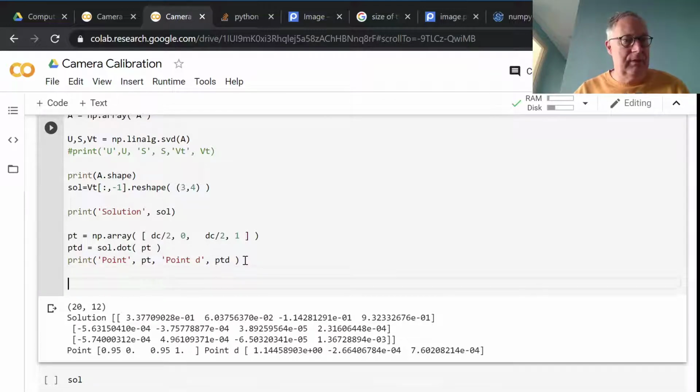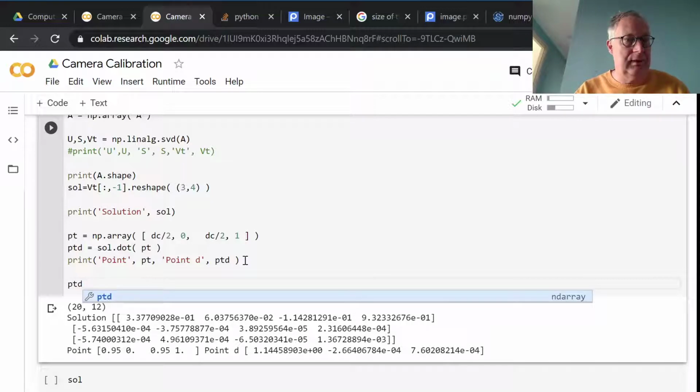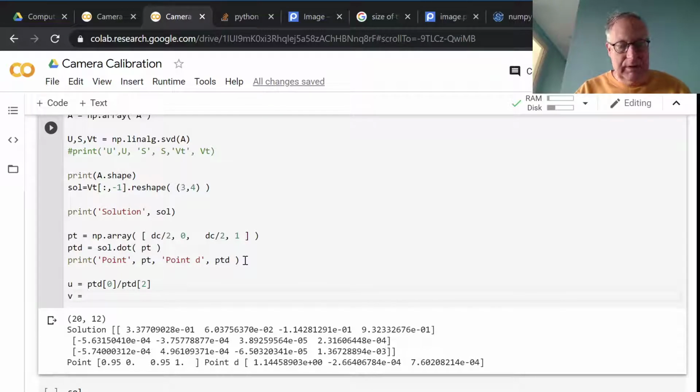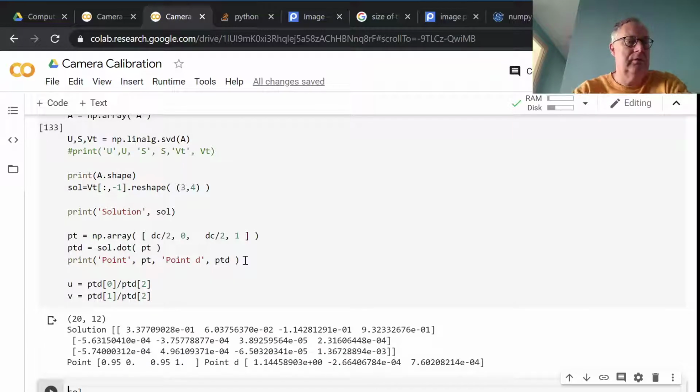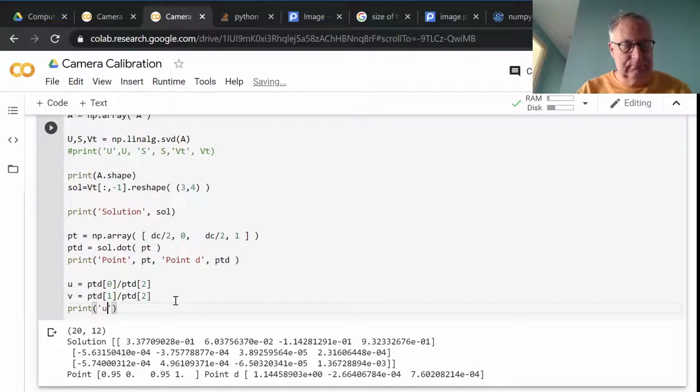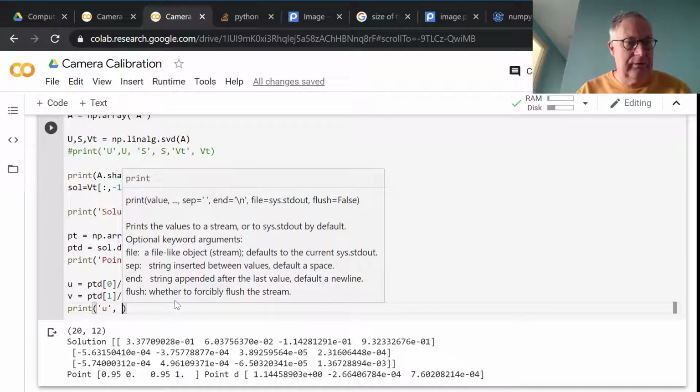So then U would be PTD 0 divided by PTD 2, and V would be PTD 1 divided by PTD 2, because now I have to convert them from homogeneous coordinates to image coordinates.